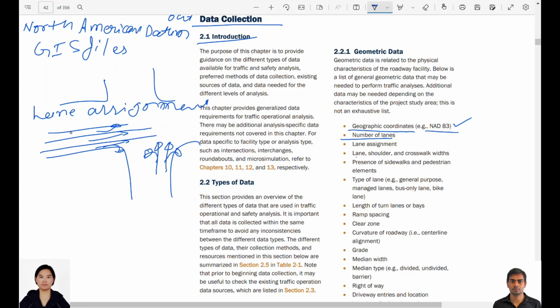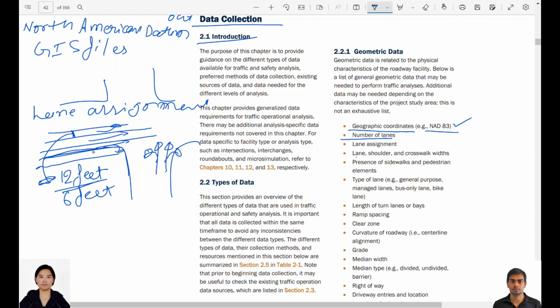Then we have lane, shoulder, and crosswalk width. First we want to know the lane width. For a typical lane width on a freeway, one number to remember is 12 feet. For a typical shoulder width on a freeway, the number to remember is 6 feet. Shoulders are provided after the last lane ends.